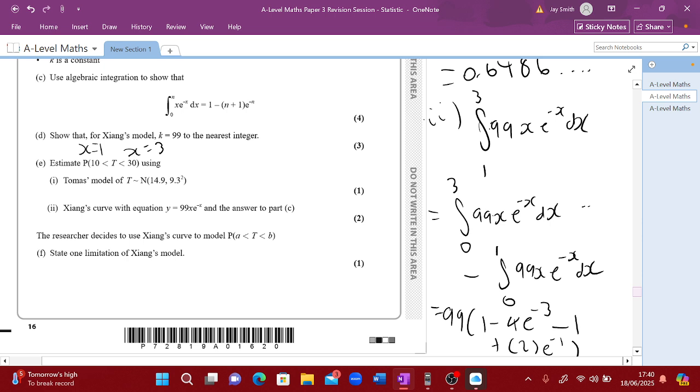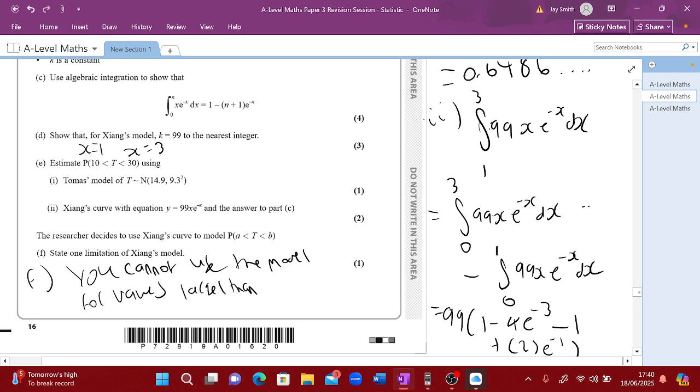So the limitation is you cannot use the model for values larger than t equal to 40, essentially.